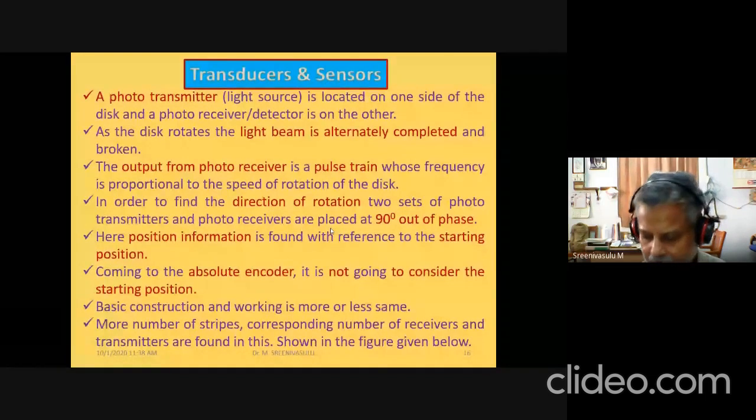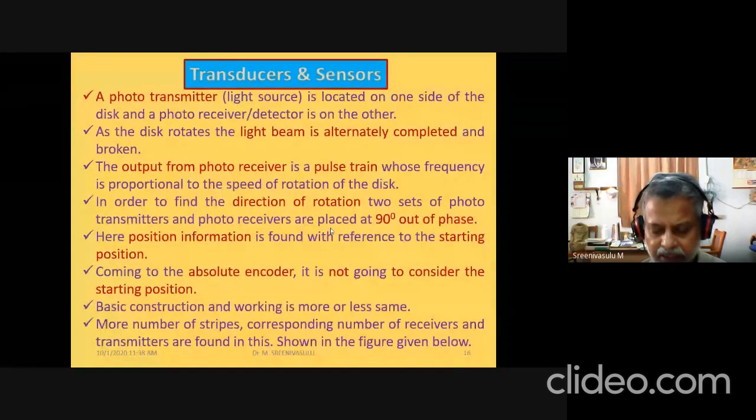So the idea is, suppose you have a slot and you have a photo detector here. Followed by a non-open slot, meaning obstruction is there. Now this is one set.